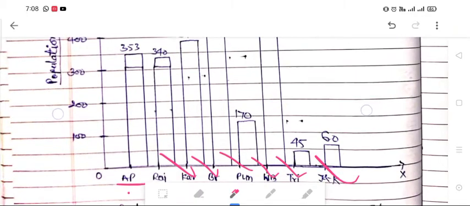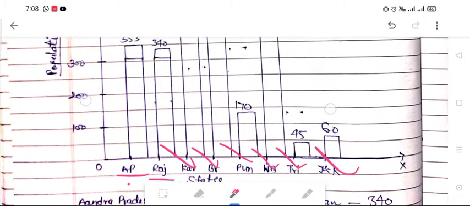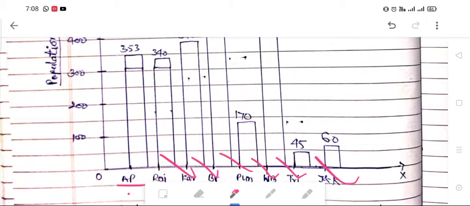For Andhra Pradesh the population is 353 lakh. Here in the graph we can see that above 300, this point represents 353 approximately. So the first bar represents the population of Andhra Pradesh.